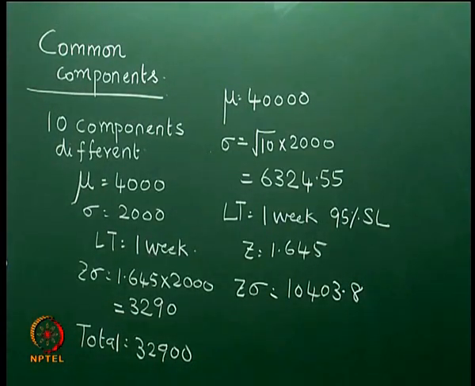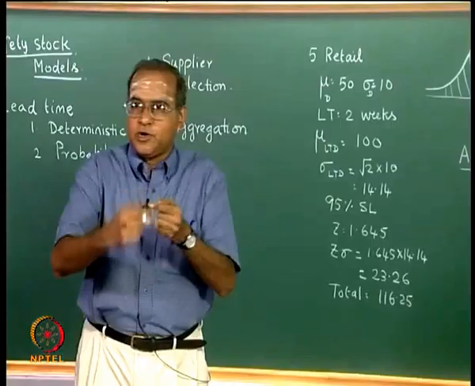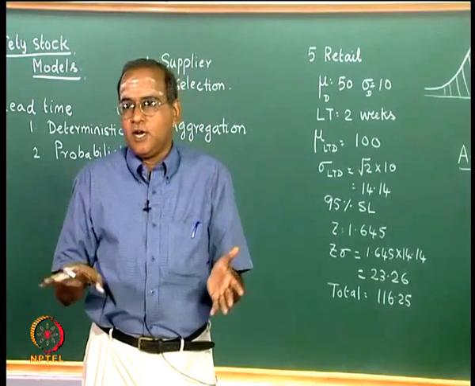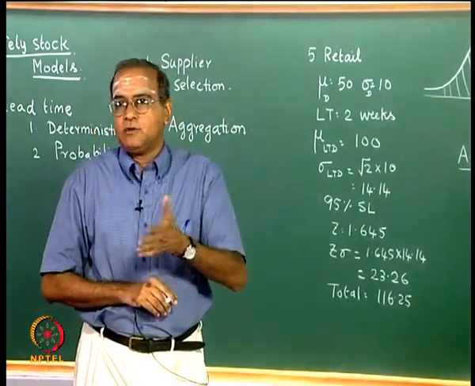So, organizations now try to have common components in several of their assemblies, and the uniqueness of the variety comes towards the end, where the unique components, which are few, will differentiate products from one another and bring variety into the system.